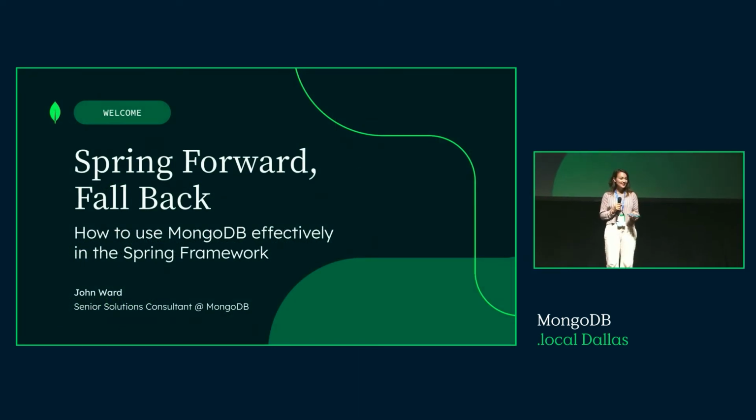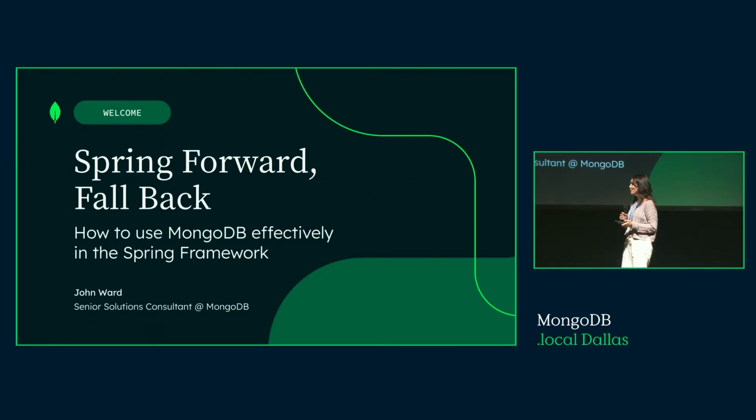John Ward is a senior solutions architect. He's in Austin with me. He started his career programming software for concert and special effects automation systems. He's been a full stack developer in Java and the Spring platform for various verticals such as banking, healthcare, security, telecommunications, BPM, and government.